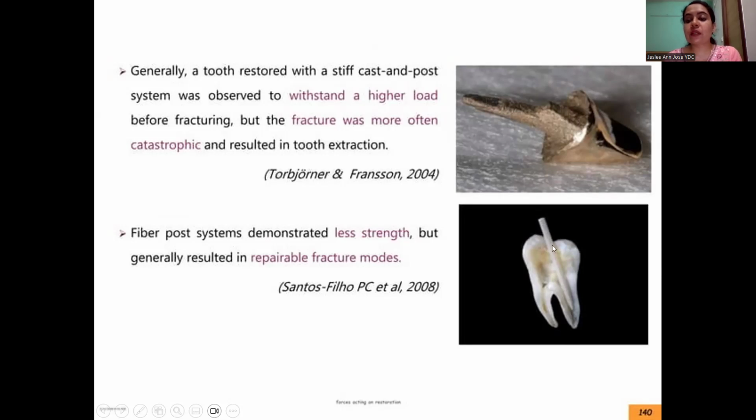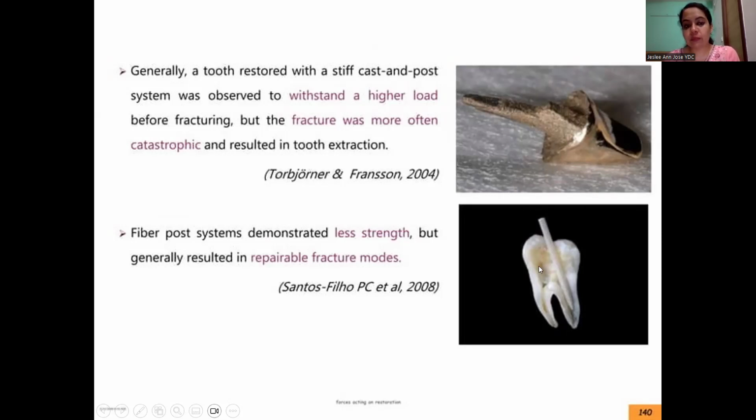So again, post and core can be a cast post or a fiber post. Now, a tooth restored with a stiff cast post system was observed to withstand higher load of occlusal force before it fractured. But again, the fracture was more catastrophic and it would result in extraction.